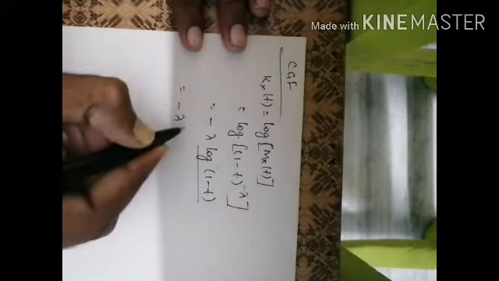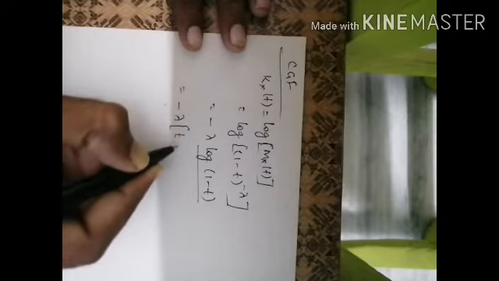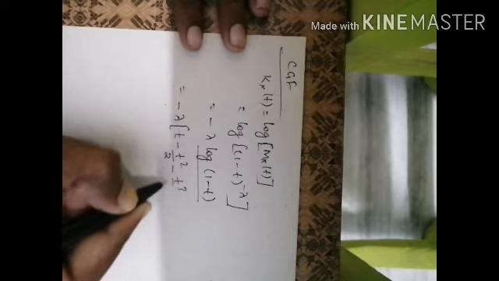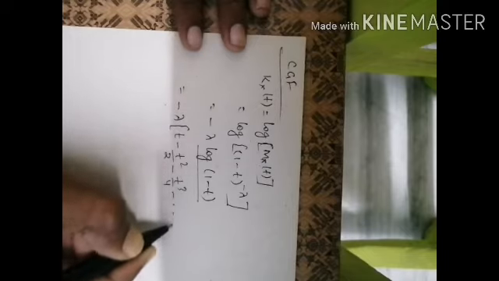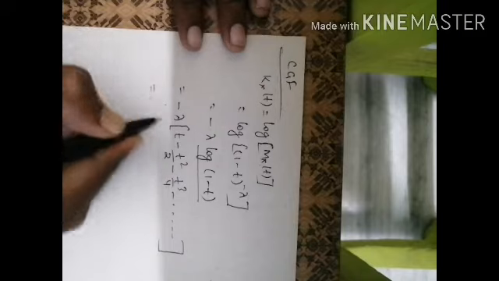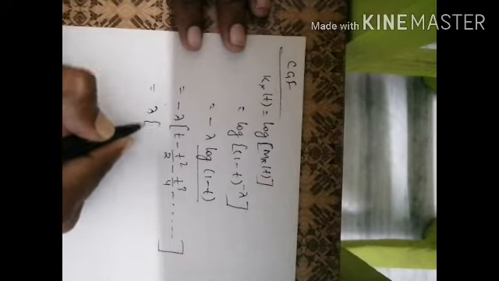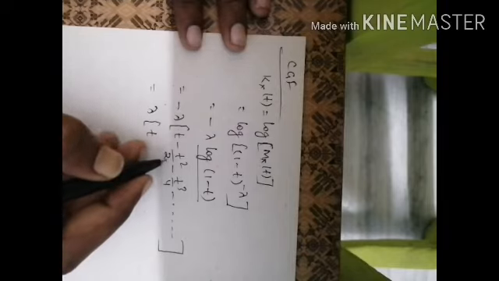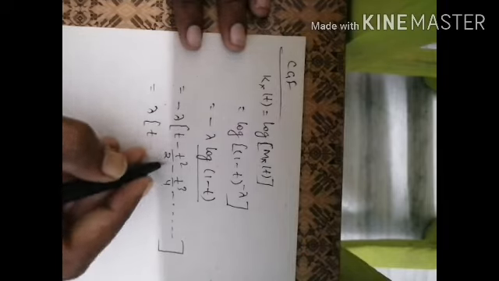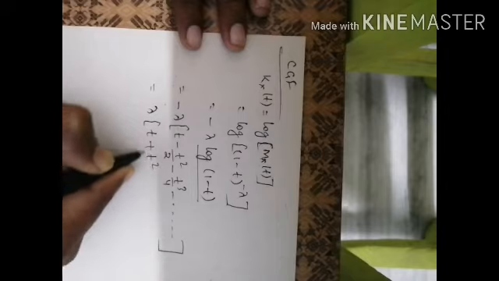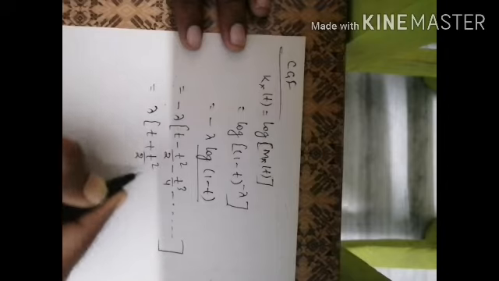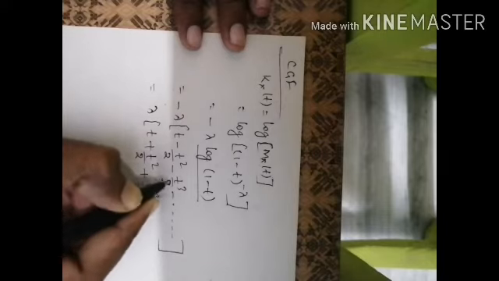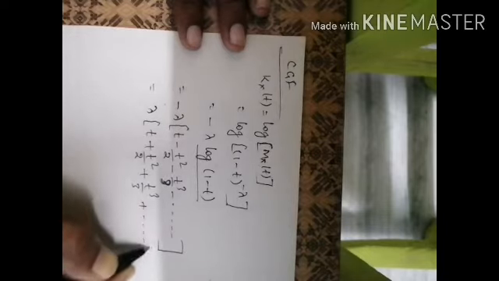So minus lambda times (minus t minus t square by 2 minus t cube by 3 and so on). The minus goes to that side, so lambda t plus lambda t square by 2 plus lambda t cube by 3 plus, and so on.